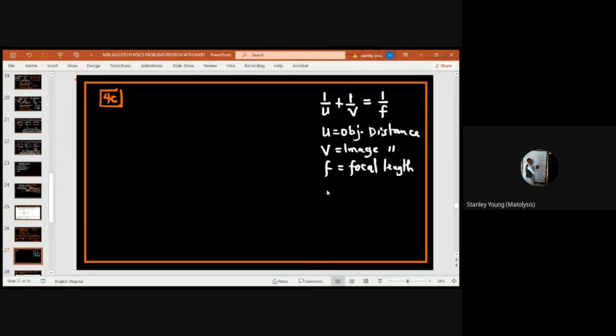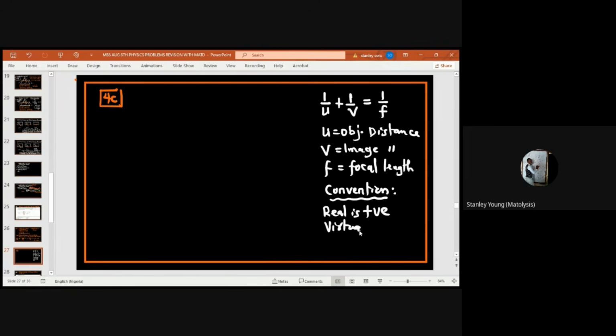Now, it is important that you can't just use that formula without convention. Using the formula without convention is an obvious error in your calculation. And what is the what? Convention. So the convention is that real is positive. Anything real is positive.